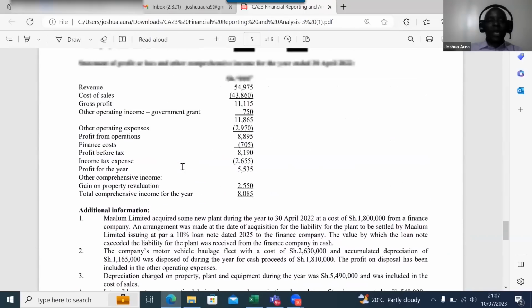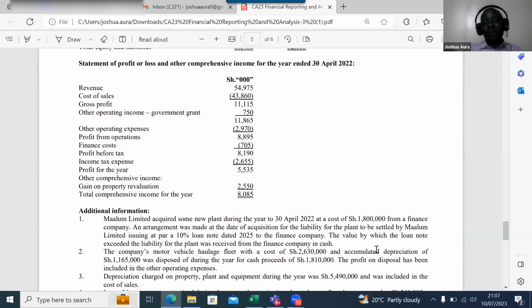So government grant, first of all, I should give you some story about government grants. Remember government grants are basically donations that you are given by government, but they normally come with so many attached conditions. If you don't meet those conditions, you must return the government's money back.